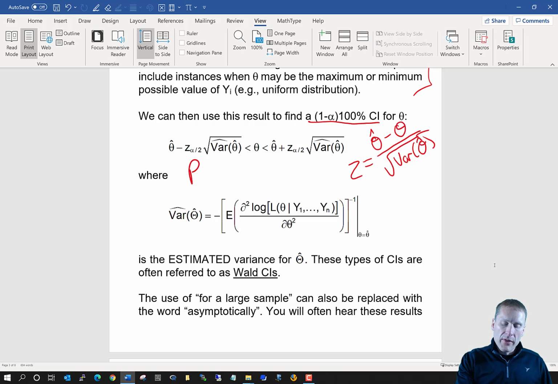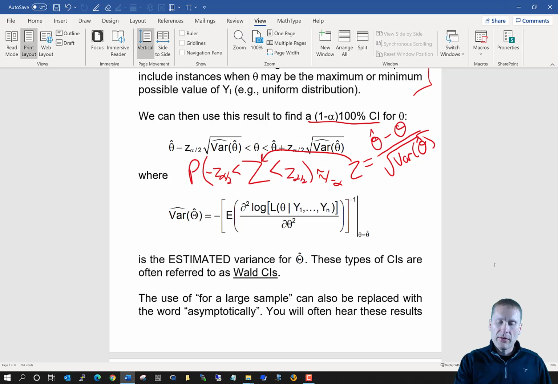I can work with the probability that negative z sub alpha divided by 2 is less than this z right there, and less than z of alpha divided by 2. This is approximately 1 minus alpha. Then I do some algebra, so I only have theta in the middle, and then I get my corresponding confidence interval.